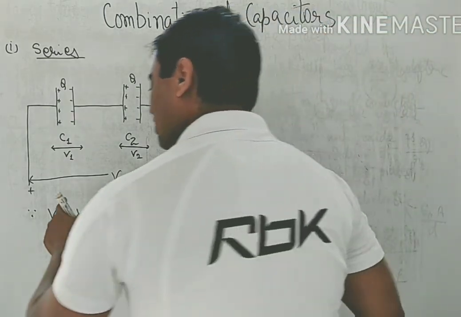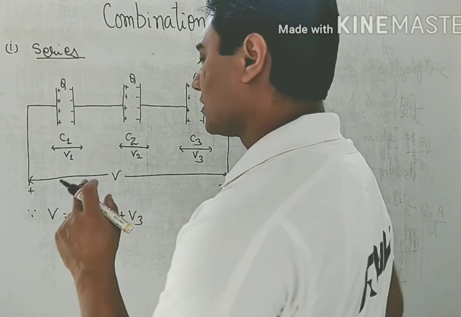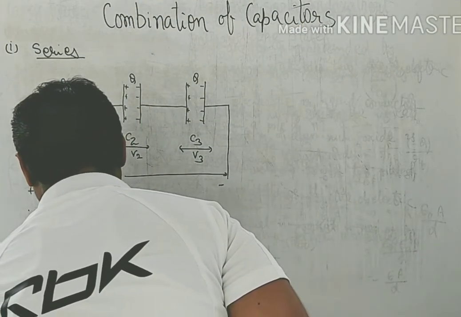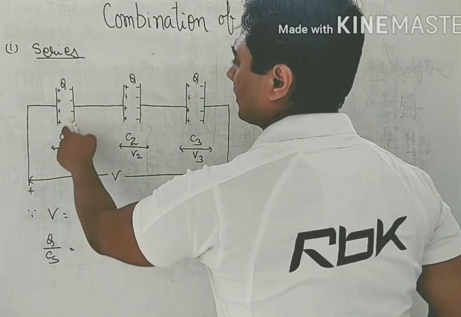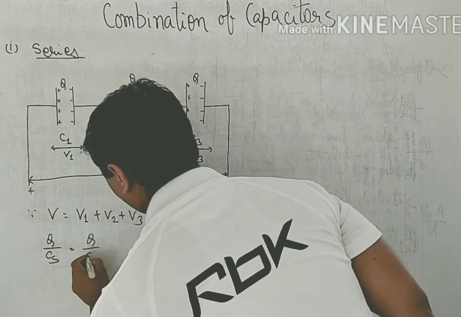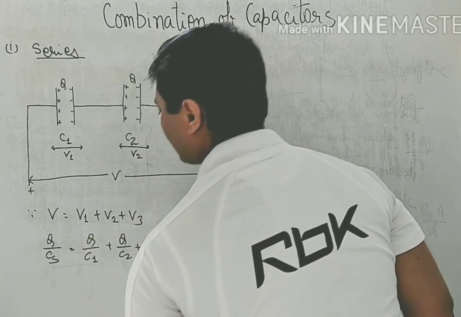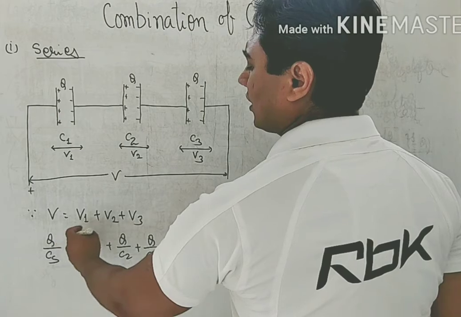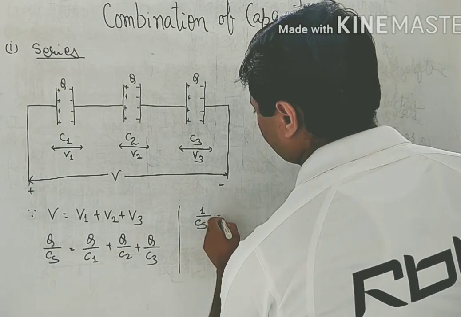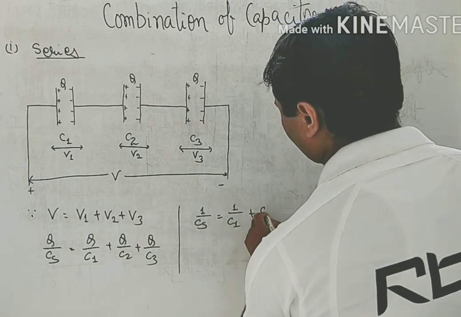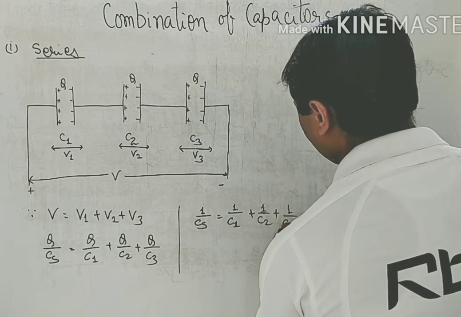So the potential across that equivalent capacitor having capacity Cs is written as Q upon Cs, which equals, here V1 will be written as Q by C1, here Q by C2, here Q by C3. So taking Q common from the right hand side and cancelling it with the left hand side, we have 1 upon Cs equal to 1 upon C1 plus 1 upon C2 plus 1 upon C3.